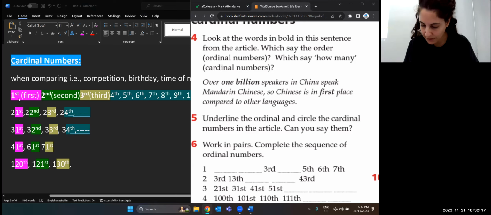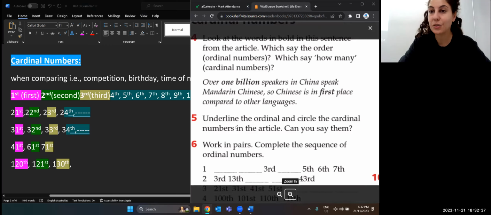What other numbers, cardinal numbers can you see? Yeah, first. Okay, so that's cardinal numbers. So look in your article and just underline the words.